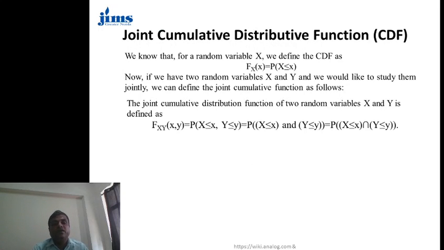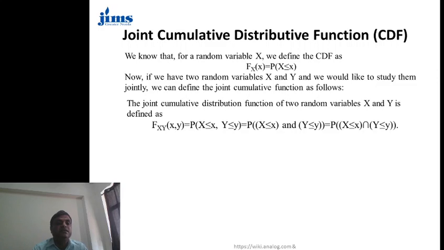Then we move to the joint probability function. Any random variable's CDF is defined as F_X(x), which is equal to the probability of X less than or equal to x. Now if there are two random variables X and Y, then we define a joint cumulative function.